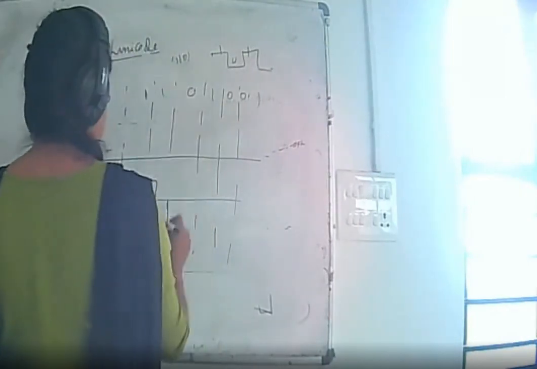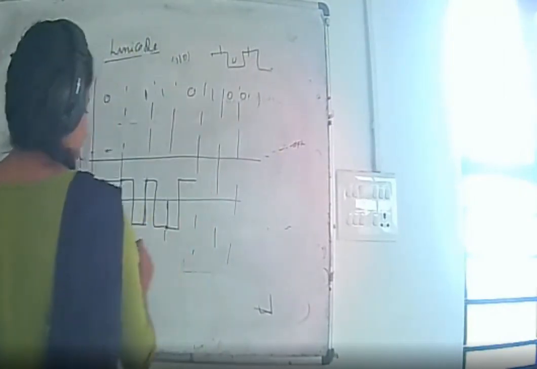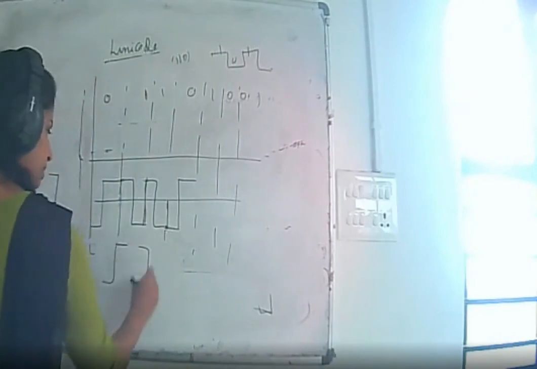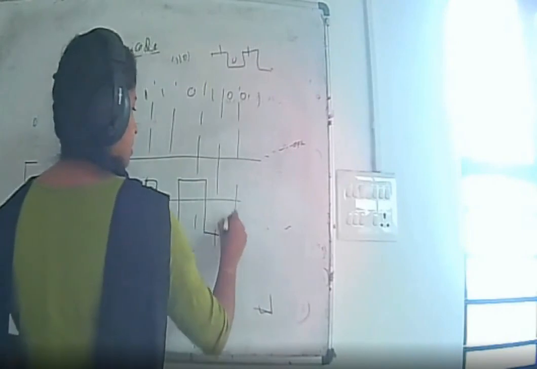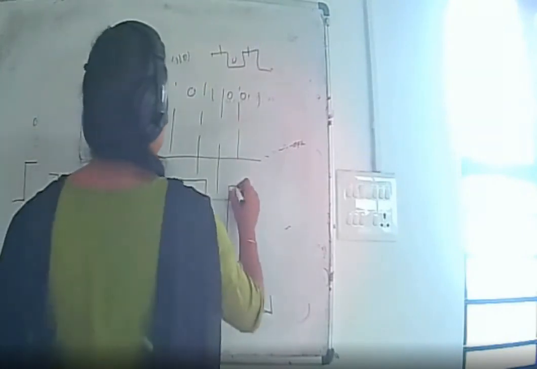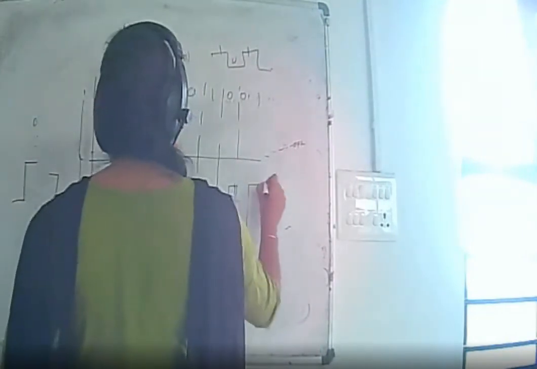And the next one is 0. So like this. 0 means like this, 1 means like this. So again 1, again 0, again 0.